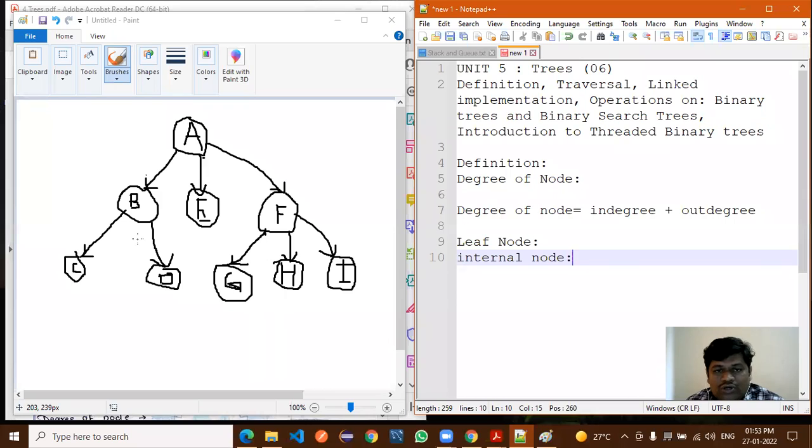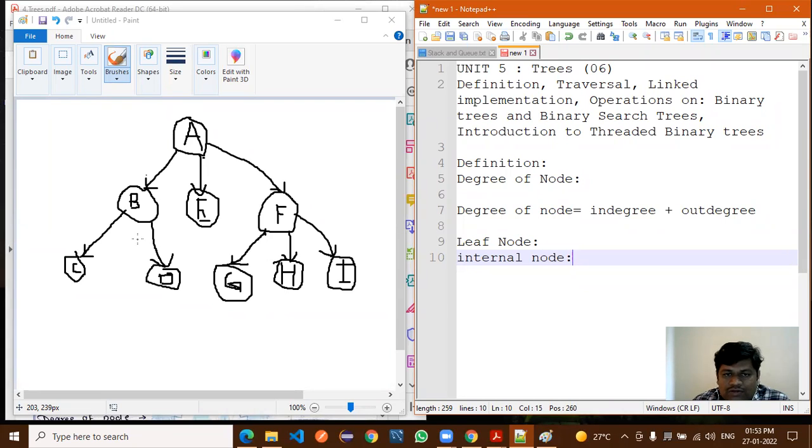A node that is not a root or a leaf is called an internal node. So if a node is not a root node and not a leaf node, such a node is called an internal node. Now here, how many internal nodes are there?